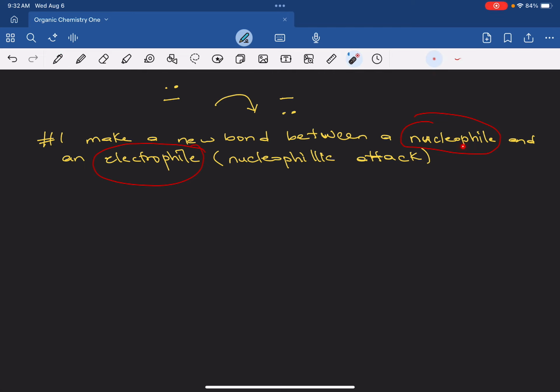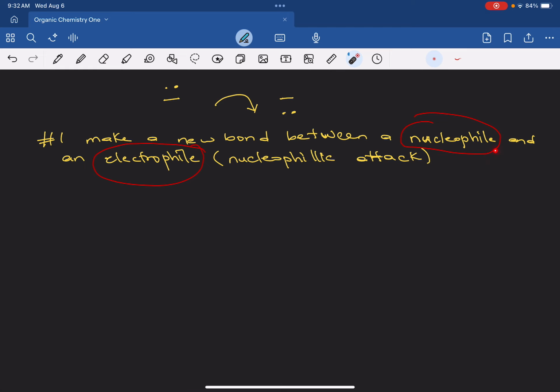So phile means loving, and nucleo is from the nucleus. So nucleophiles love the nucleus, right? So they love something positive. Remember in chemistry, it's an opposite attraction. An electron is negative, so it will attract the nucleus because the nucleus is positive.